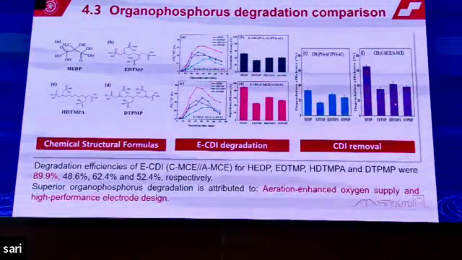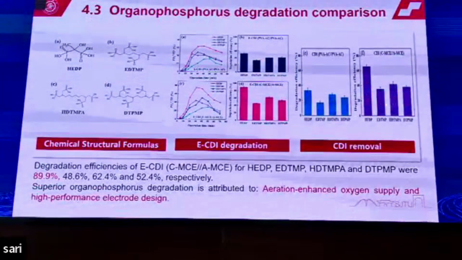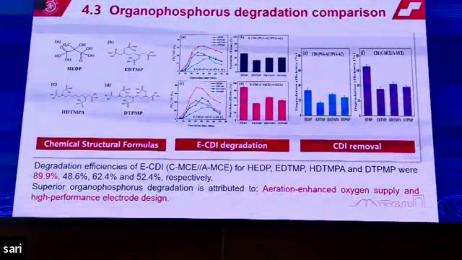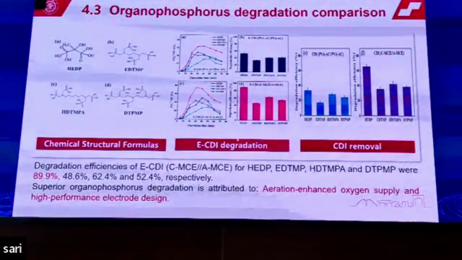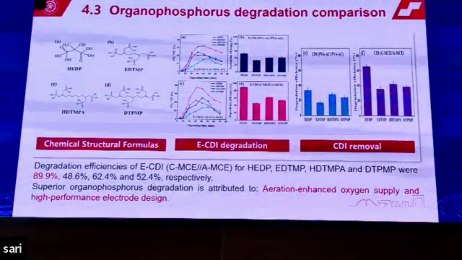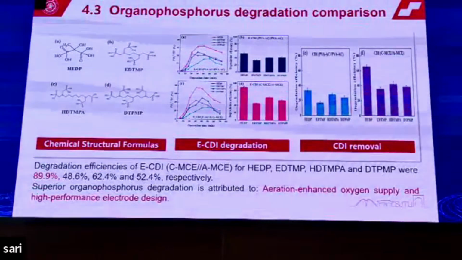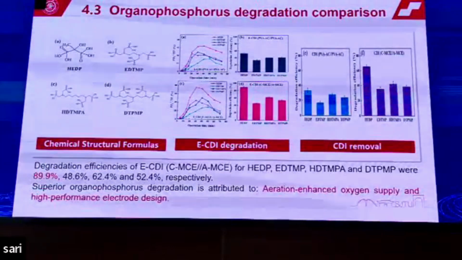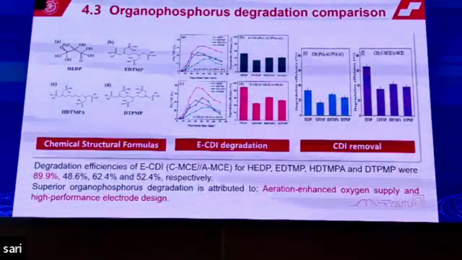And when we change the electrode, we can find the performance was increased. If we further added the oxygen in this process to form an eCDI, it showed the highest removal efficiency for all of these 4 compounds.